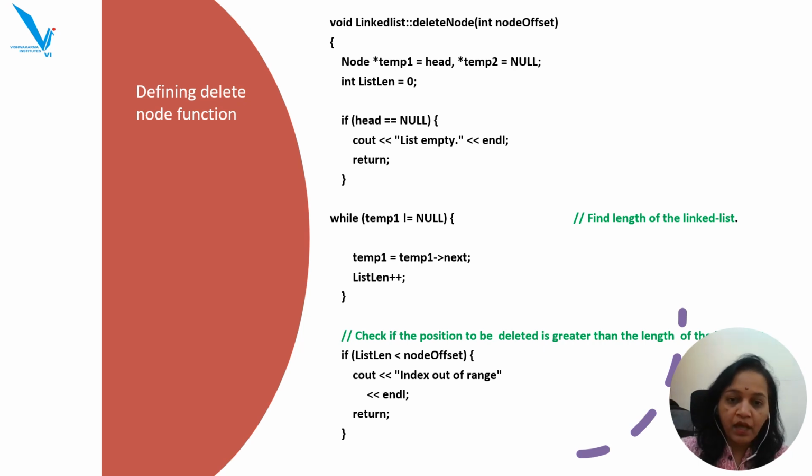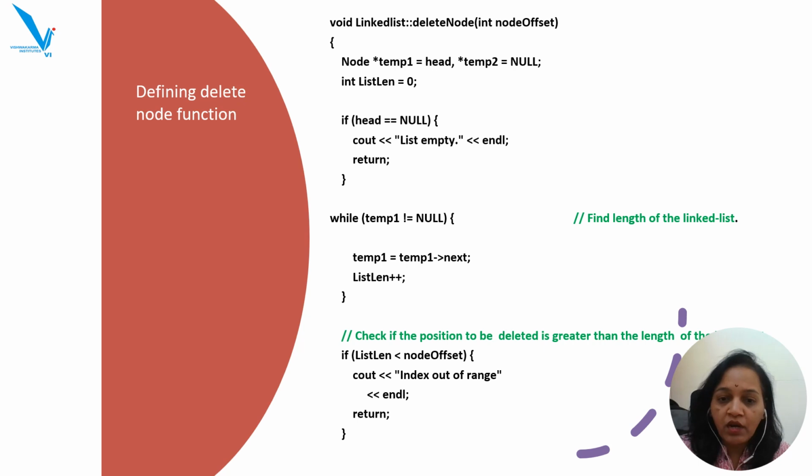Now you have to check if the position or offset to be deleted is greater than the length or not. So if your listLength is less than nodeOffset, that means the total length of the list is less than the position you have entered for deletion of the node. If that is the case, your position is out of the list length.